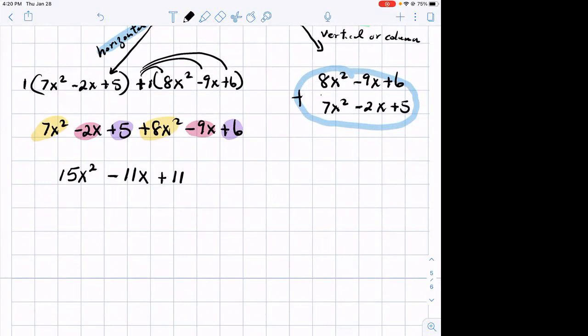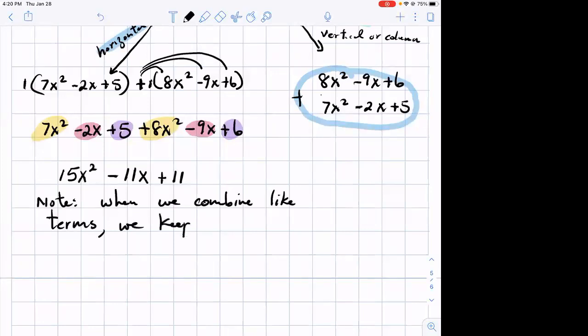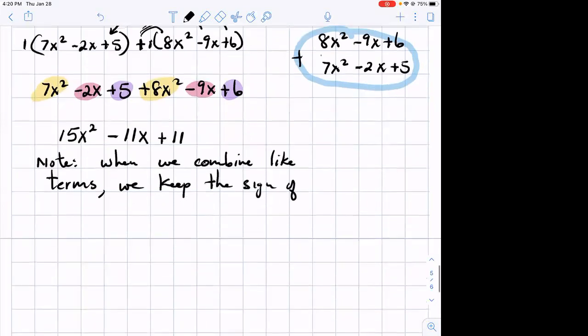So note, when we combine like terms, we keep the sign of each term as we combine them.